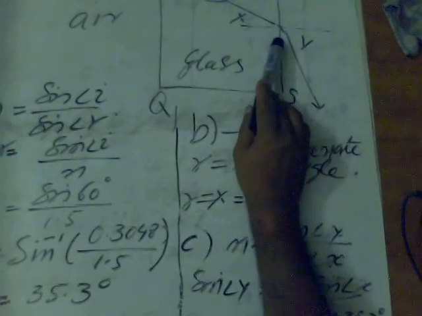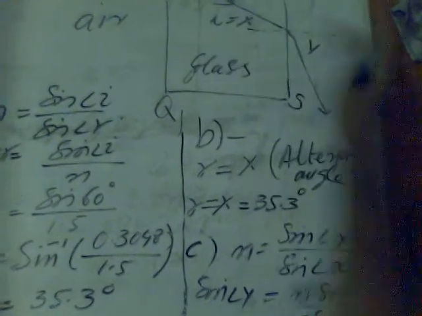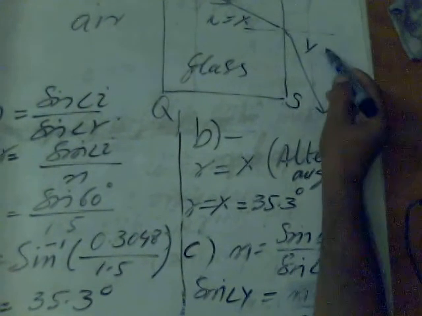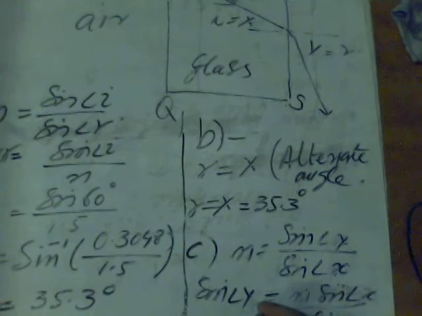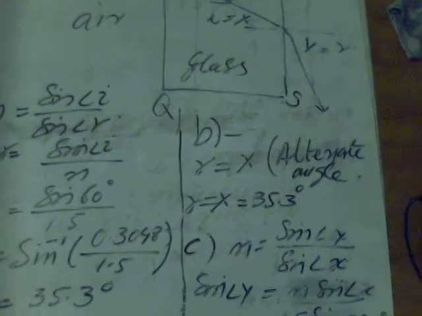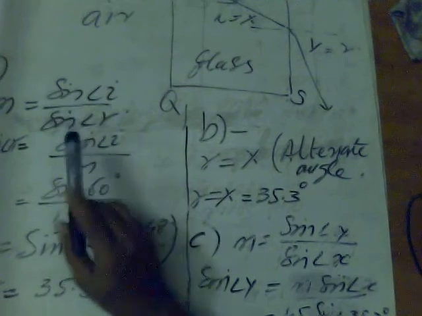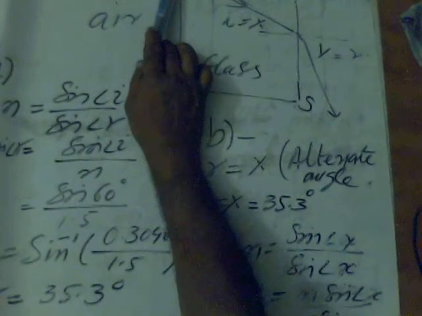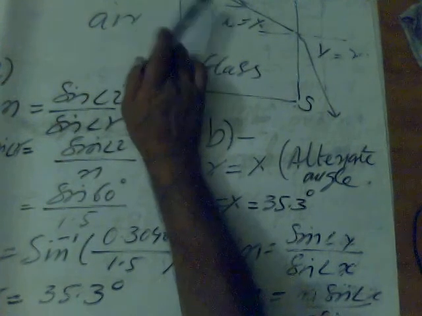In this case, this angle is the angle of incidence in the denser medium and the angle of refraction is in a rarer medium. The refractive index n is equal to sine angle I over sine angle R when the light rays enter from rare medium to denser medium.